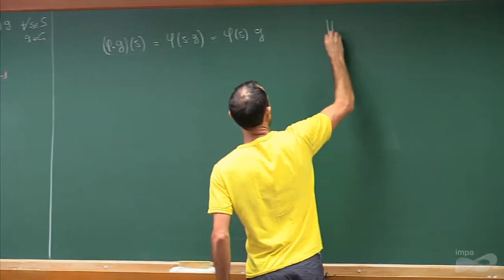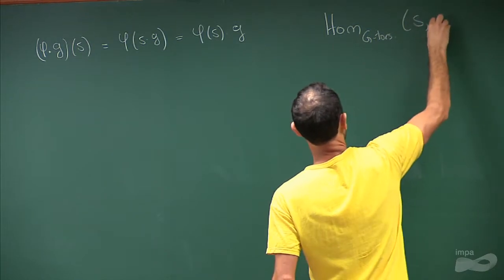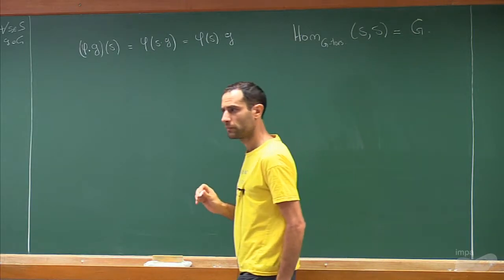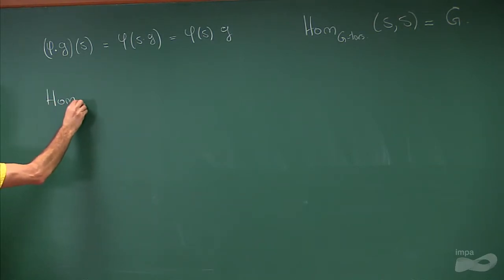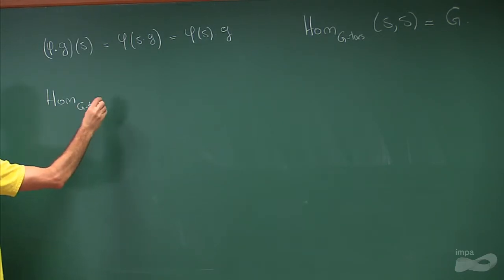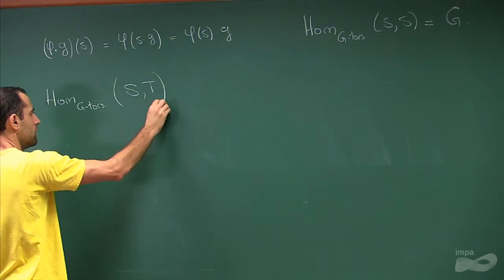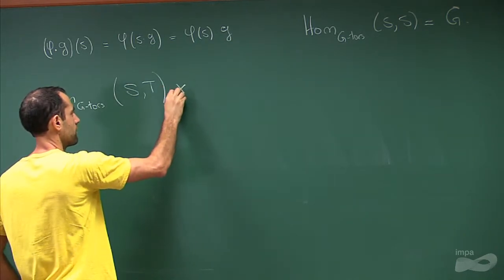So we had proved this before, that the set of isomorphisms in this category from S to S is the group G, and this is with the composition. But then there's something we're doing wrong, because I have composition. So probably I would want to do it like this.